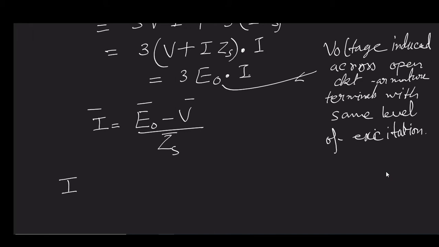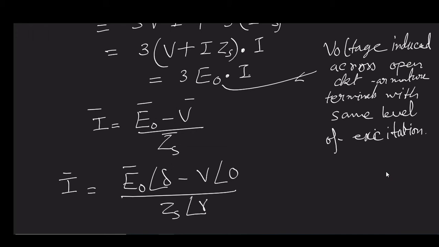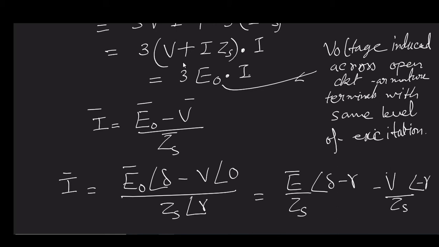If you ask me to write it more clearly, I can write, considering V as reference, E naught angle delta minus V angle 0 by ZS angle gamma is equal to E naught by ZS angle delta minus gamma minus V by ZS angle gamma, right?